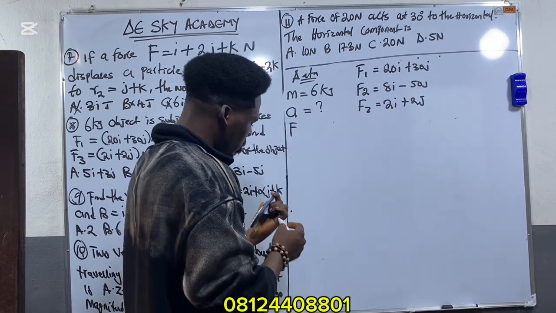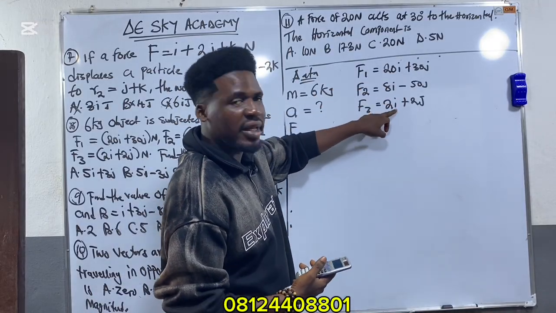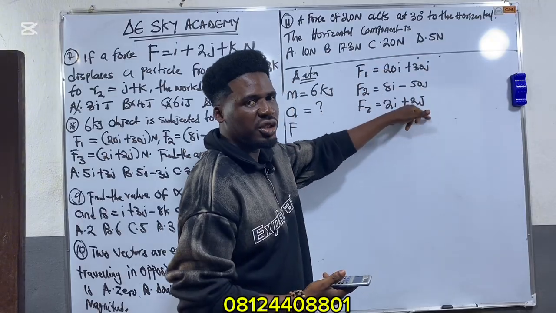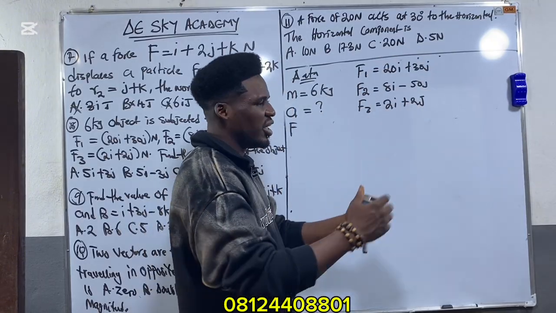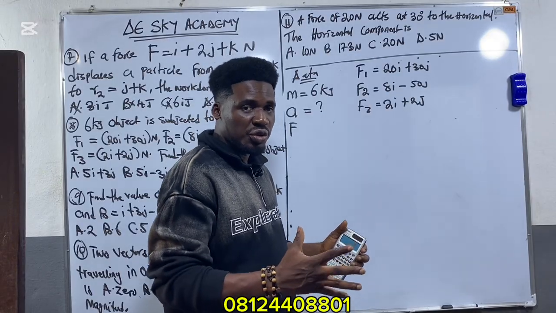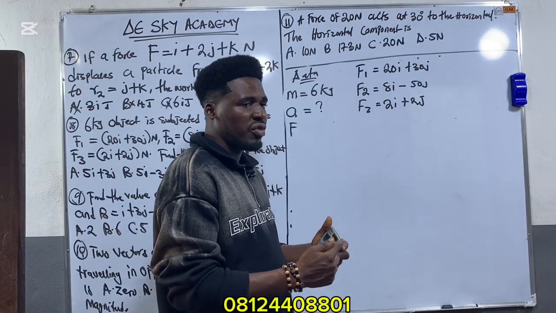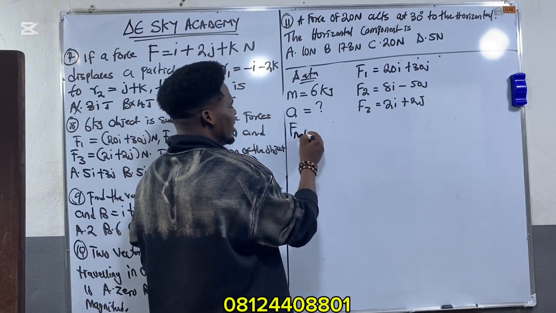So what did you observe? You observe that all of them have i. Then you also observe that all of them have j. That means these vectors are moving in the same direction. So if they are moving in the same direction, what do you do? You add. That means I will get the net vector.